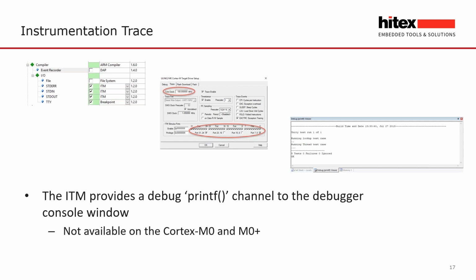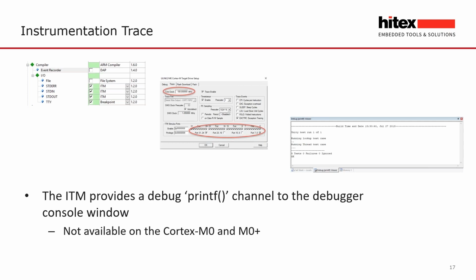However, in the debugger, we also need to enable the instrumentation trace, and this is done by first setting the core clock frequency to match the CPU frequency that's running on our target. This effectively sets the baud rate for the instrumentation trace. Then we have to enable the instrumentation trace itself.